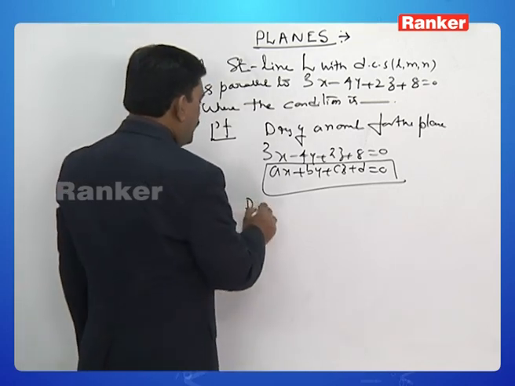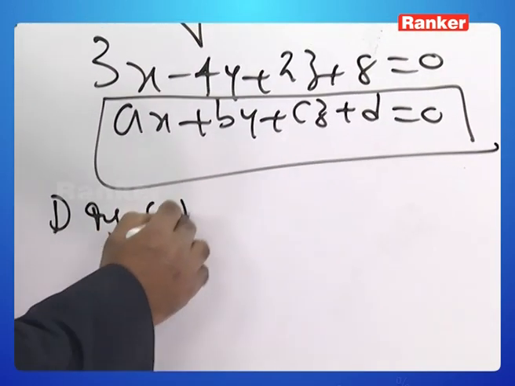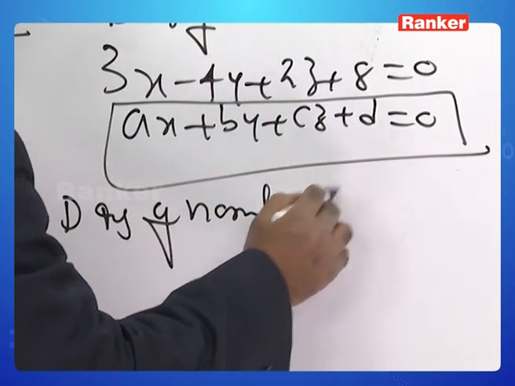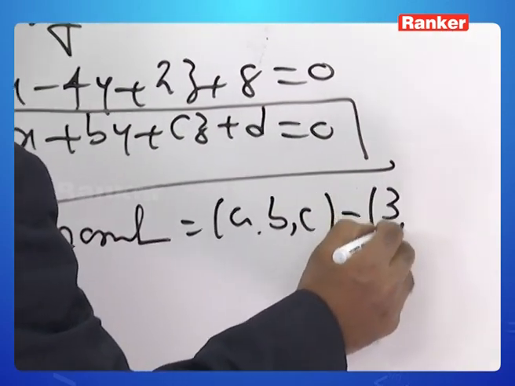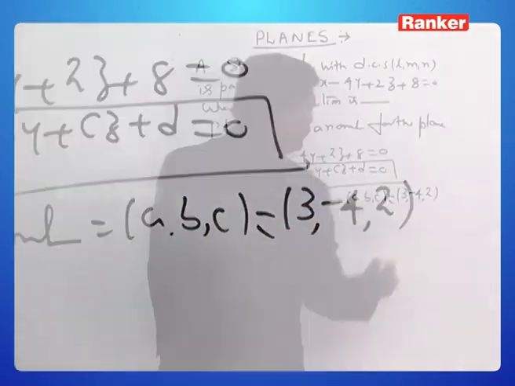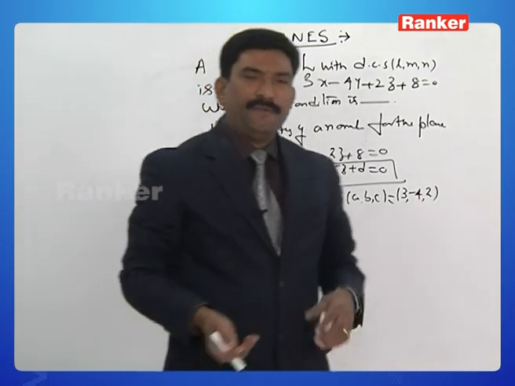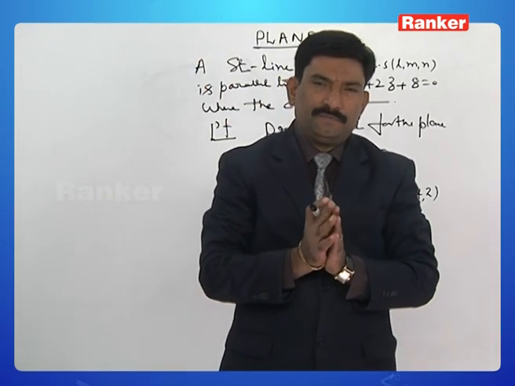Therefore, what are the DRs? DRs of the normal are a, b, c, which are 3, minus 4, 2.